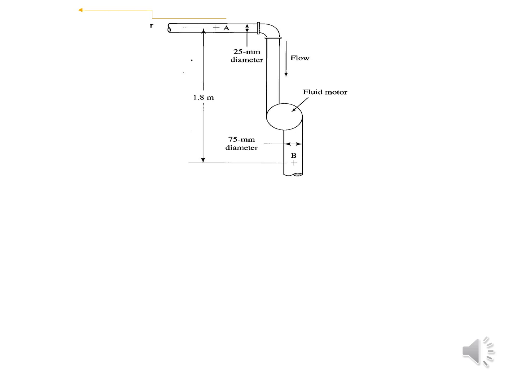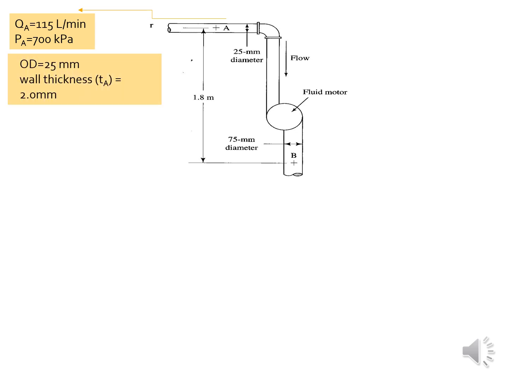At point A, the question already gives us QA and PA, in which the flow rate at that point is 115 liters per minute, and the pressure at point A is 700.